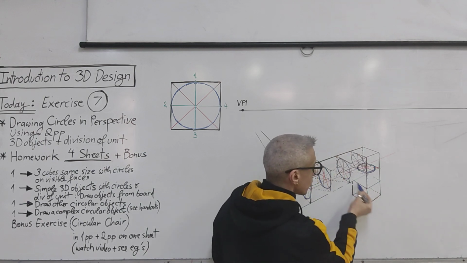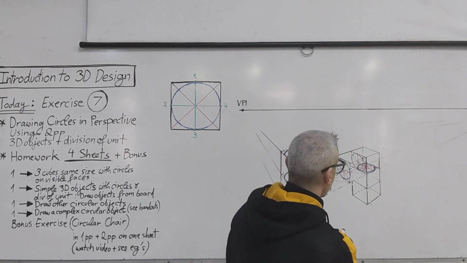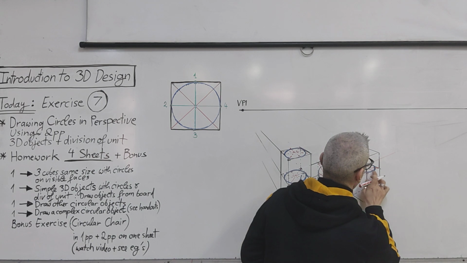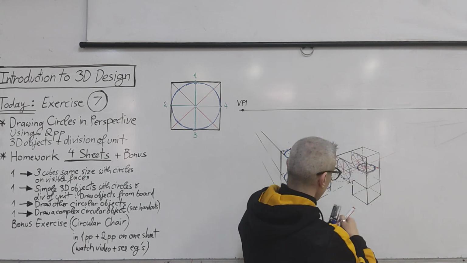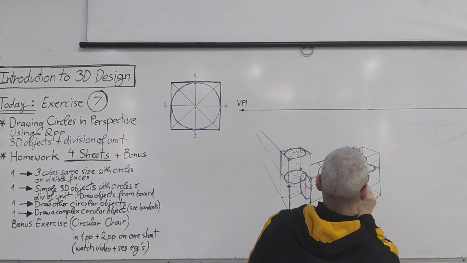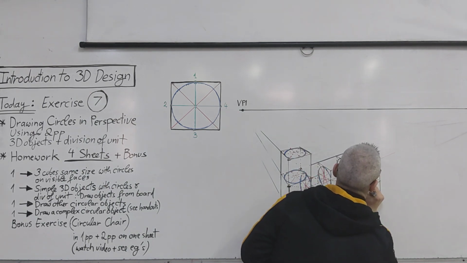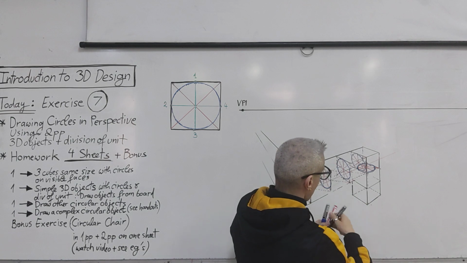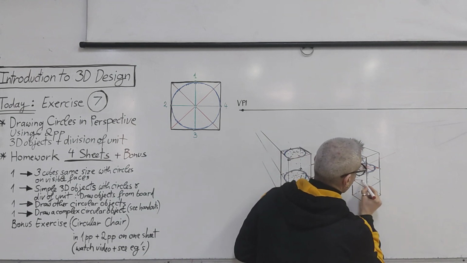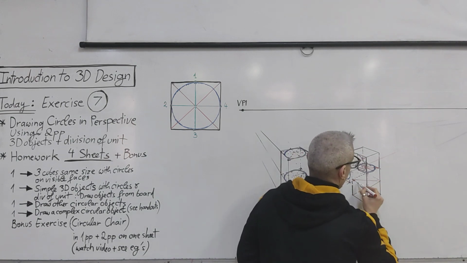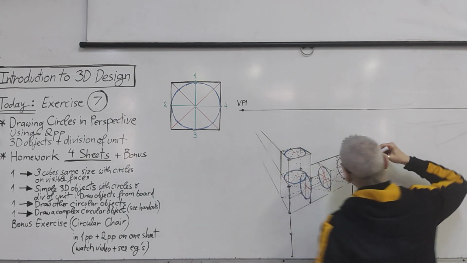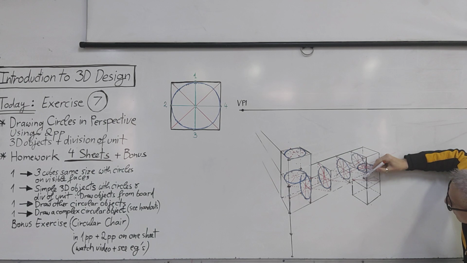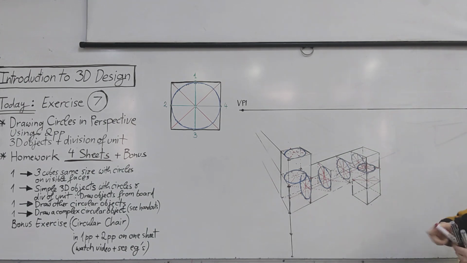The same thing we will do on this surface. So here, where is the hidden line? From this point, going to the vanishing point. So diagonal, diagonal. This line passing through the center, going to the vanishing point. This line passing through the center, going to the vanishing point.